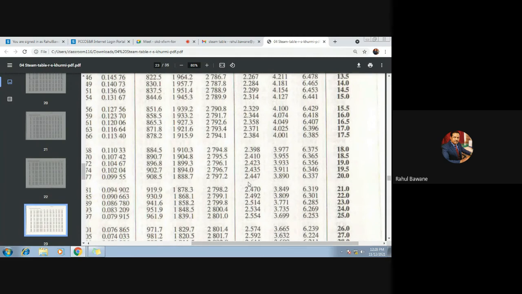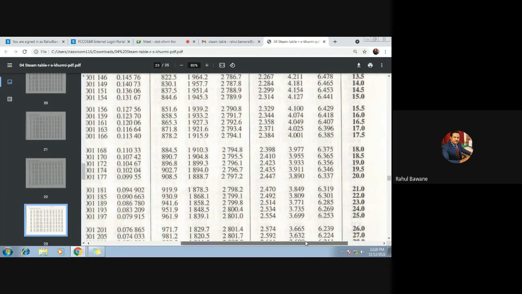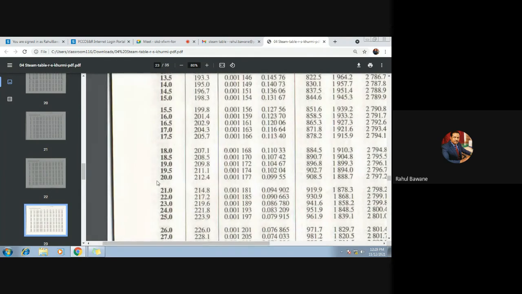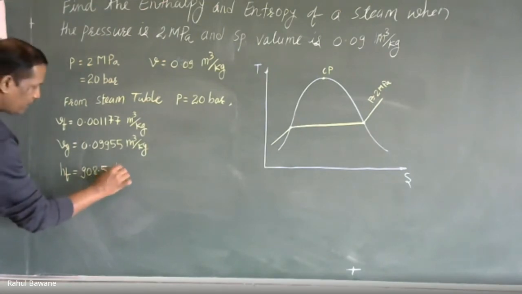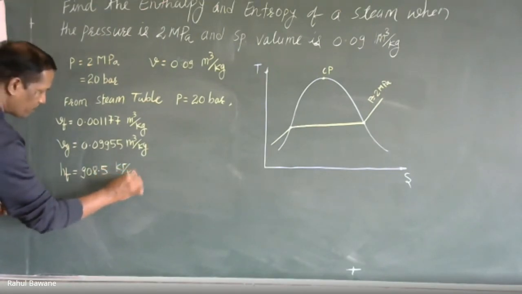So we have to use this steam table and find out all these values corresponding to our given data. In our given data, a pressure is given, so we use this pressure table and note the corresponding values. Specific enthalpy is in kilojoule per kg.